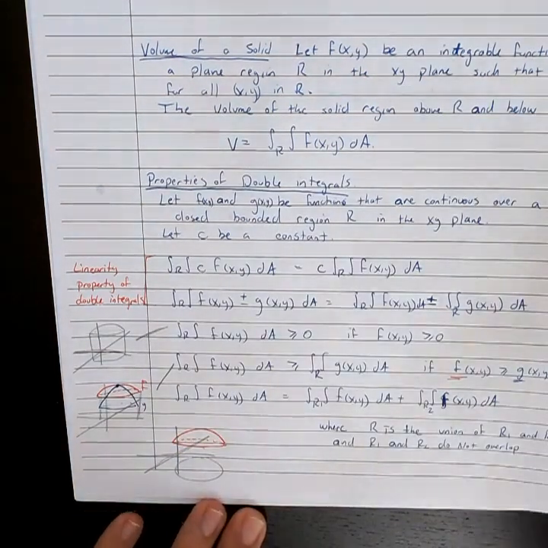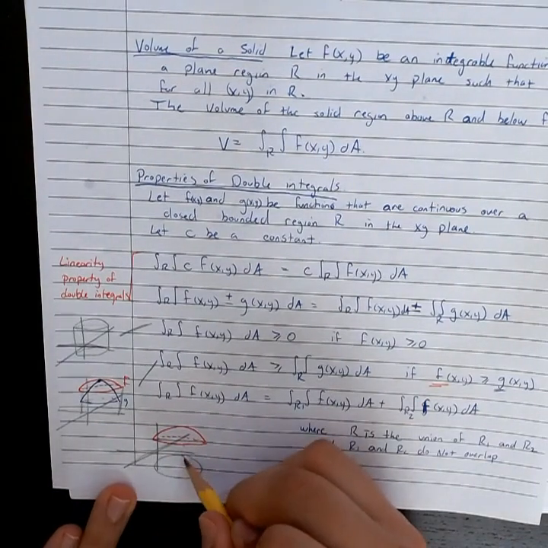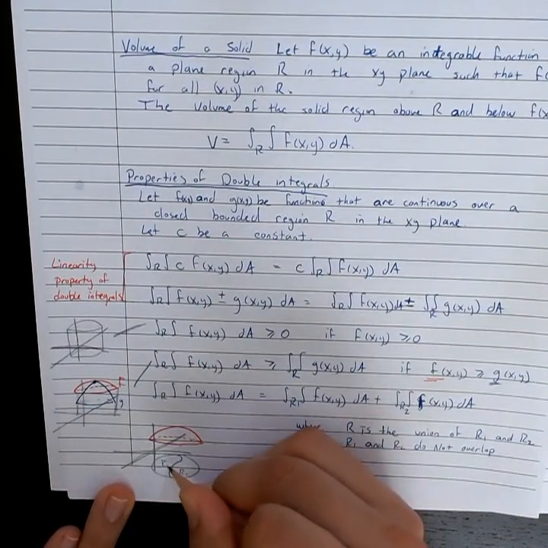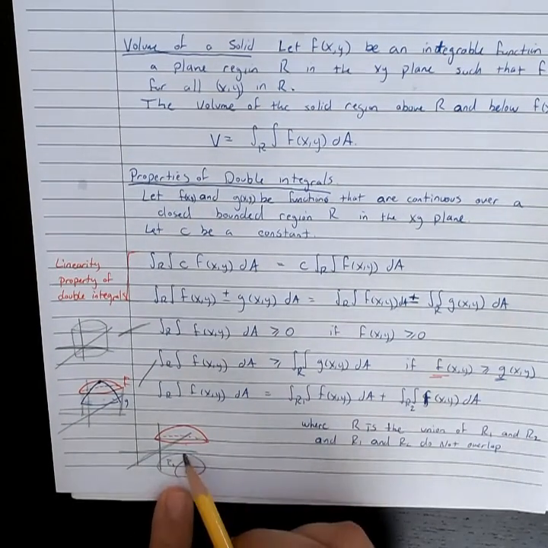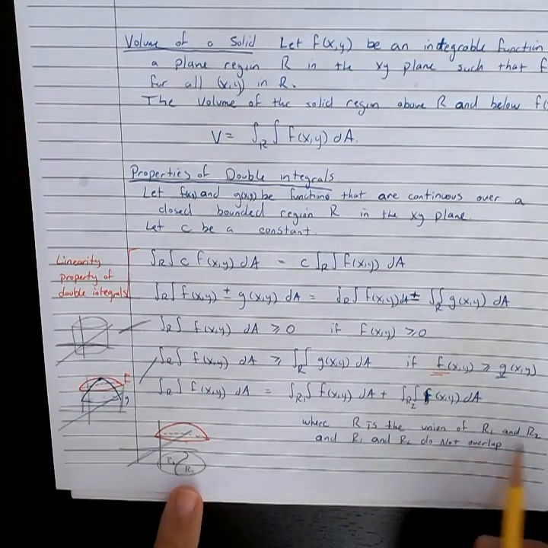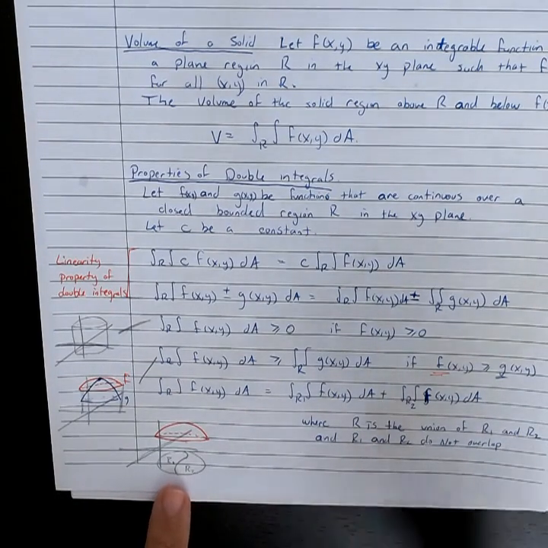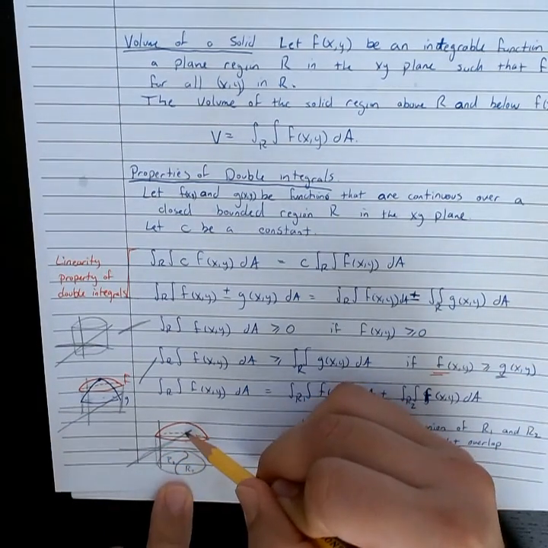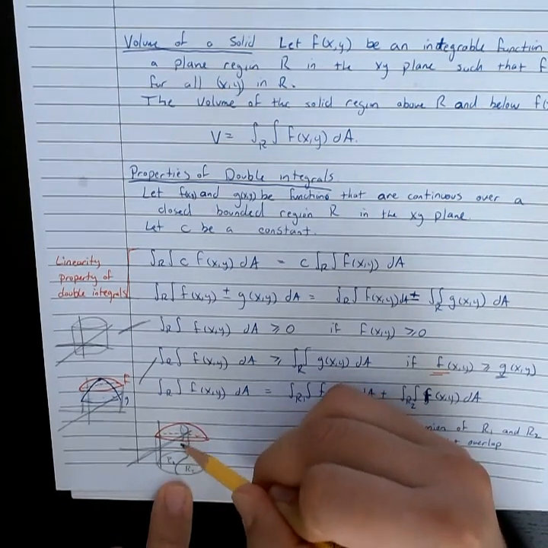What this is saying is I can split this. I don't have to treat R as a single region. If I want, I can split it apart. I can treat this as R1, and I can treat this one as R2. As long as these don't overlap, notice there's a clear distinction between the two, and when you put them back together, their union gives you back the region R, it doesn't matter if you take the integral all at once, or if you want, you can take the integral in two separate stages.